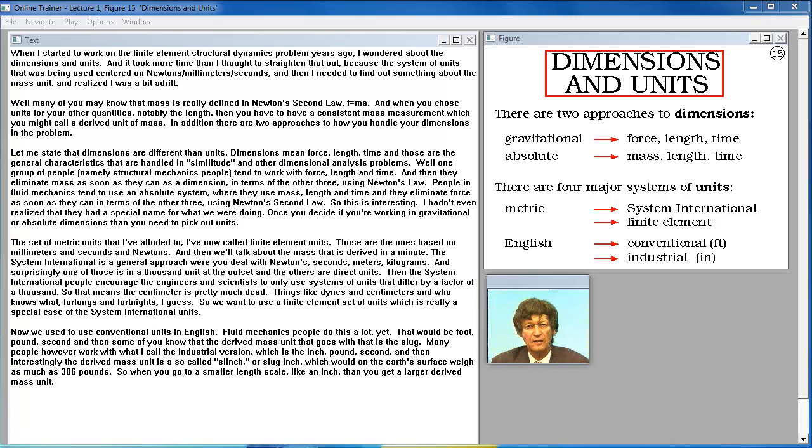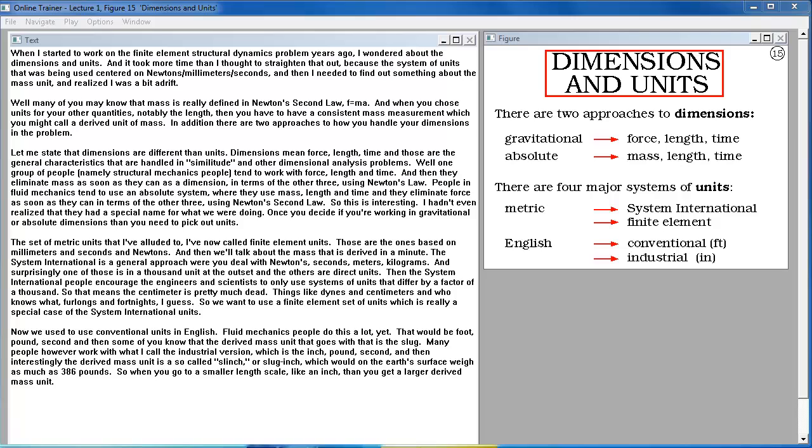And then I needed to find out something about the mass unit and realized I was a bit adrift. Well, many of you may know that mass is really defined in Newton's second law, F equals ma. And when you choose units for your other quantities, notably the length, then you have to have a consistent mass measurement, which you might call a derived unit of mass.